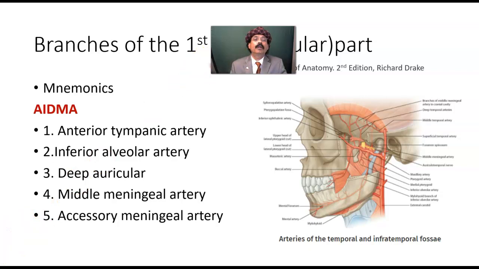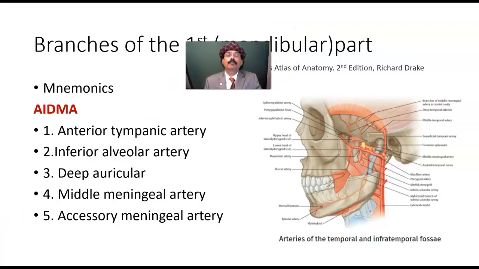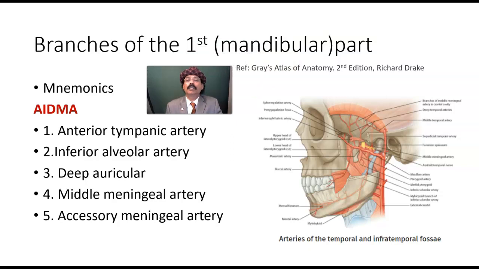Now we learn the branches of the mandibular part, or first part, of the maxillary artery. How can you remember them? We have a mnemonic: AIDMA.